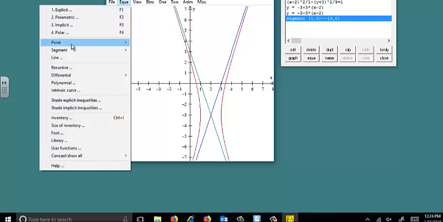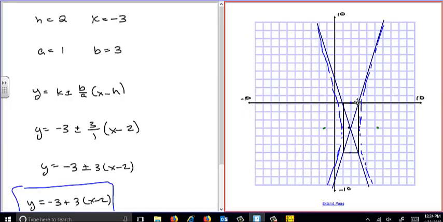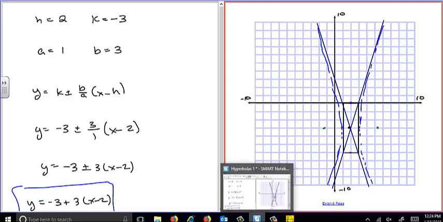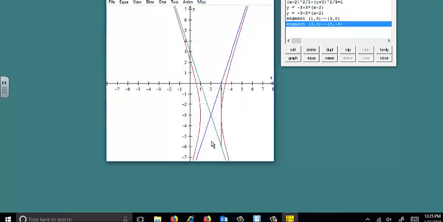Okay, let's try the next one. We're going to do a segment, and in this case we'll go from 3, 0 to 3, negative 6. Say OK. So there's that vertical part. You can see how this aligns with the vertex.